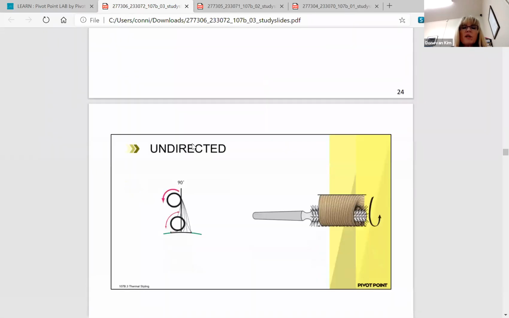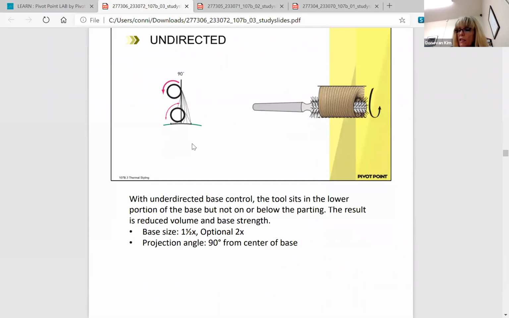Then we have what's known as under-directed and over-directed. Even though it's 90 degrees straight up here, and we think that should be a half off base, the difference is our base size is not one times the diameter. It's 1.5 or 2 times the size of this diameter.